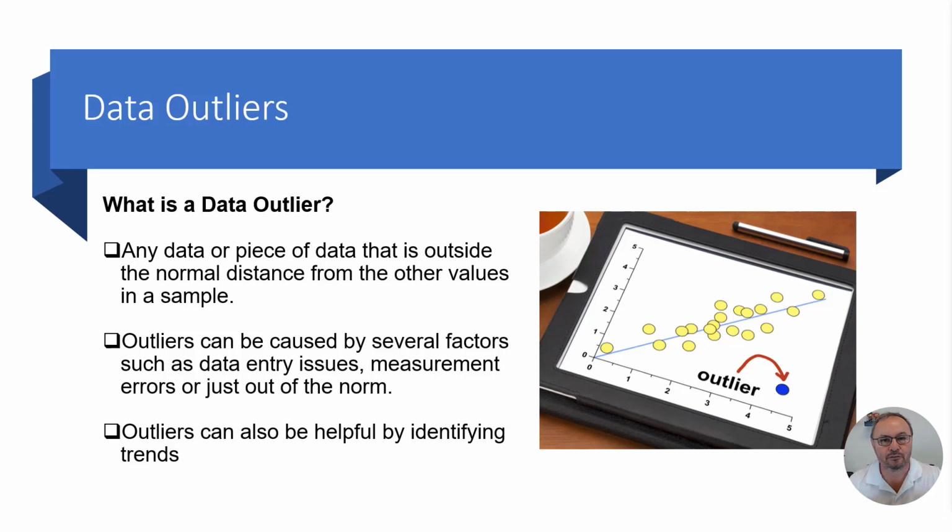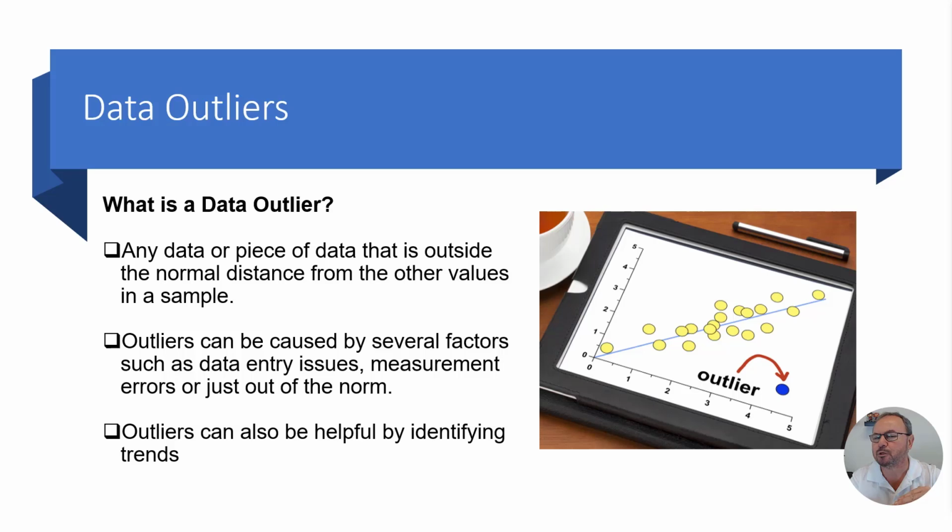Is it just some other potential data sanitation issue that might have been missed, or whatever that scenario is with that data? So an outlier, simply put, is data that is outside of the normal distance. So if I have a bunch of basketball players that are 6'2", 6'4", 6 feet, maybe 5'9" at the slightest, that would be data that we would expect on a high school basketball team.